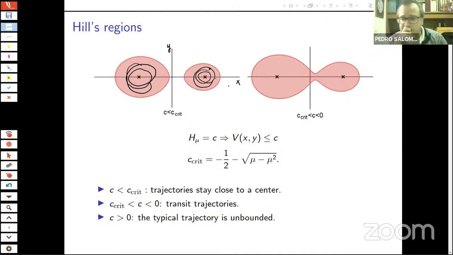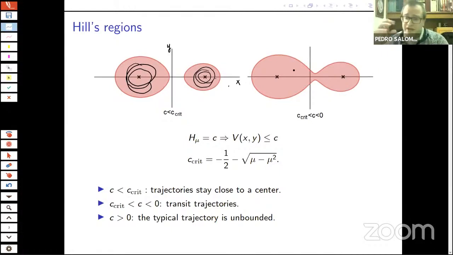If you increase the energy, then what happens is that the energy level gets, so for low energy, you have two components of the energy level, which project in these two regions close to the primaries. If you increase the energy, these two components get connected as a connected sum, and what we see is just one connected component of the energy level.